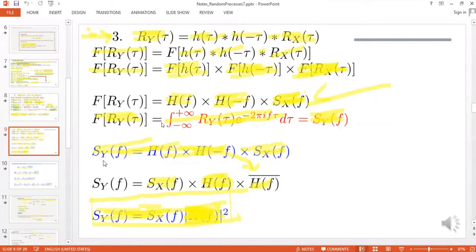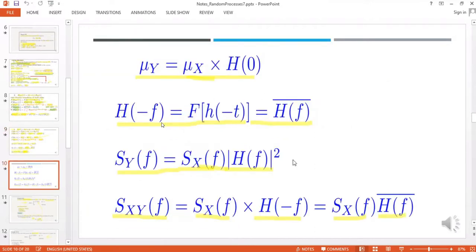So we have this result, which we have to remember, the blue one: Sy(f) is equal to H(f) into H(minus f) into Sx(f). Or, because H of minus f is the complex conjugate of H of f, it is like z into z bar, which for a complex number z is equal to the absolute value of z squared. So H(f) into H(f) bar can be written as the absolute value of H(f) squared, and Sx(f) as it is.